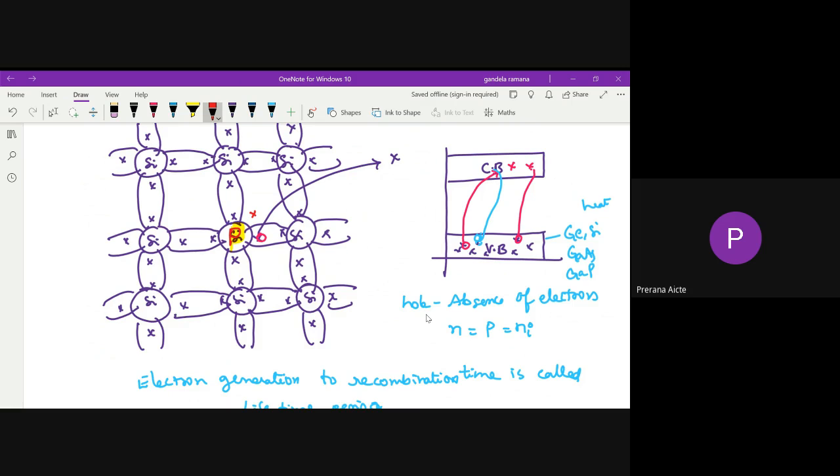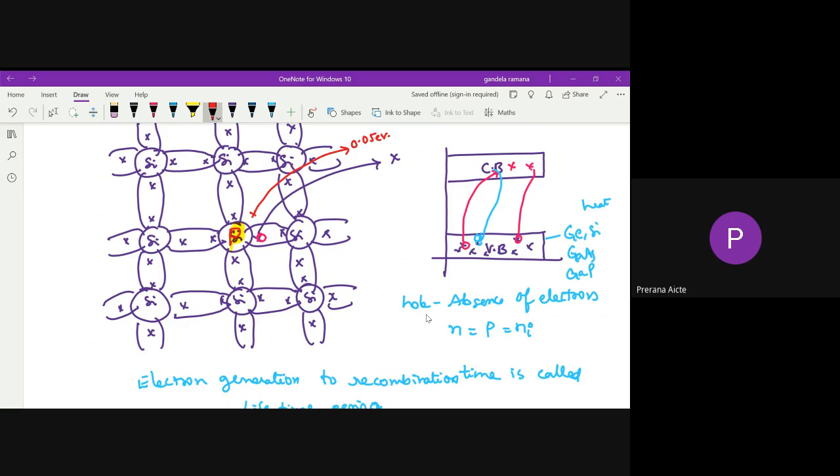Now if you want to bring this electron outside, how much energy is required? Only 0.05 electron volts is required, because it is loosely coupled, not tightly coupled.